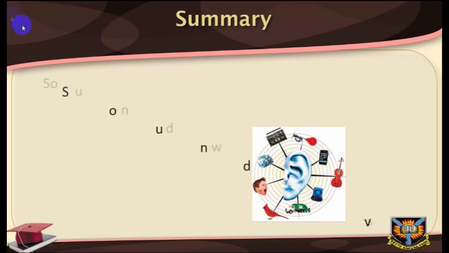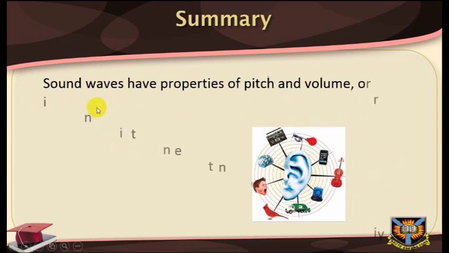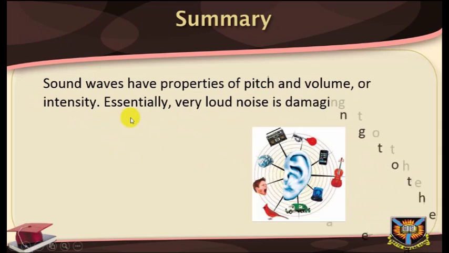Sound waves have properties of pitch and a volume or intensity. Pitch is determined by the frequency of the sound waves, while volume depends on the amplitude of the sound waves. Essentially, very loud noise is damaging to the ear.